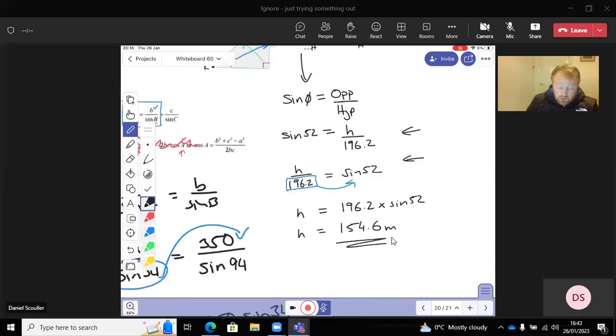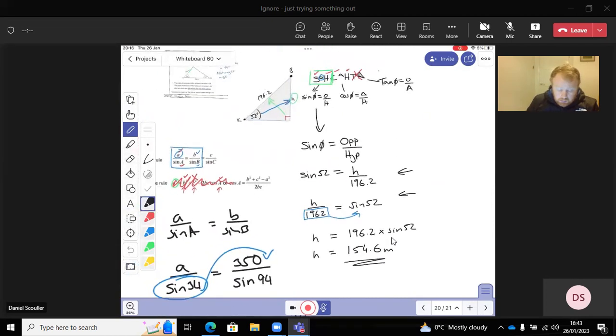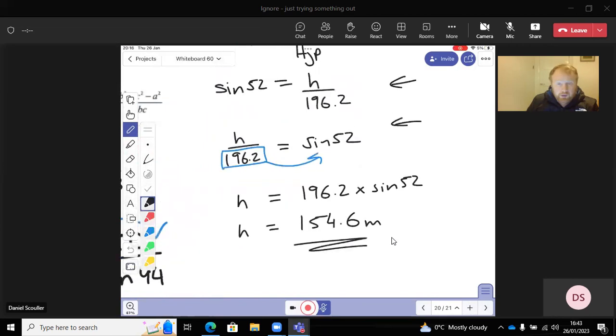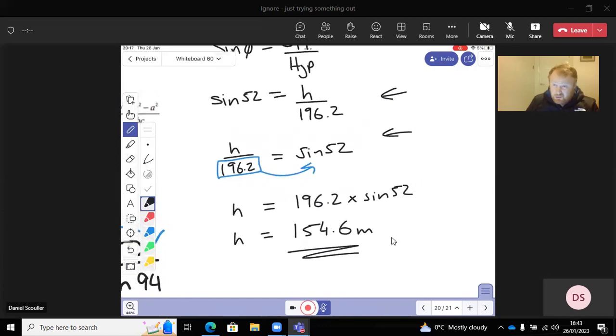Okay, so a lot going on, and it's sometimes not easy to immediately see what you're trying to do. So it's a case of reading the question once, twice, three times, looking at what you've got. It's a triangle, that was pretty obvious. Establish if it's right angle. If it's not right angle, establish what rule you're going to use.